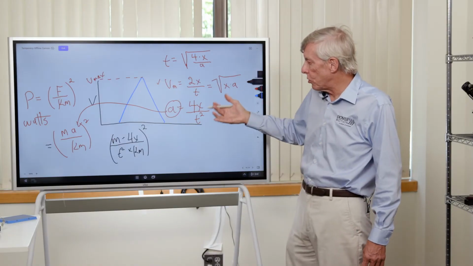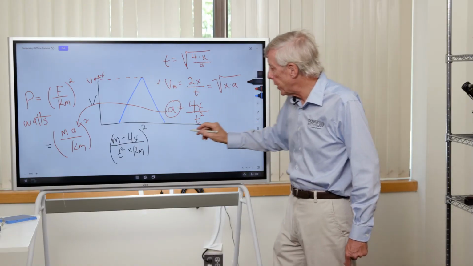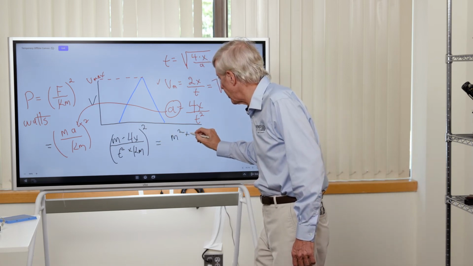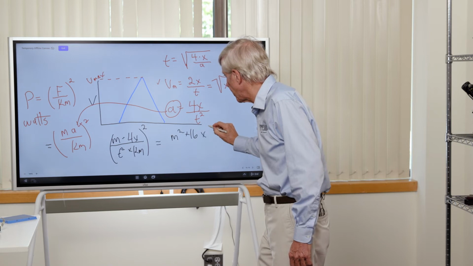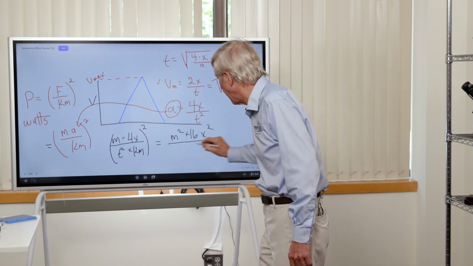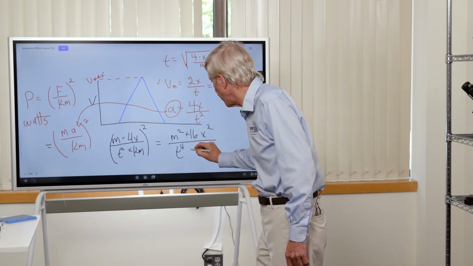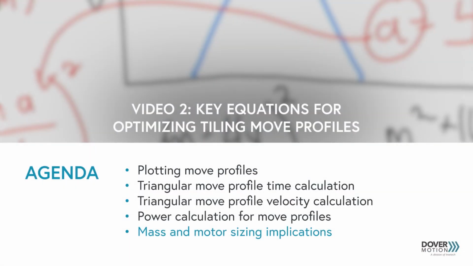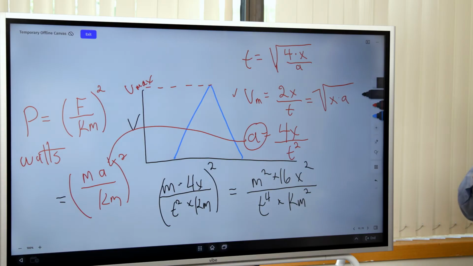And if we perform some of the squares here, we can simplify this to mass squared times 16x squared divided by t to the 4th times K sub m squared. So bear with us, there's a lot going on there.